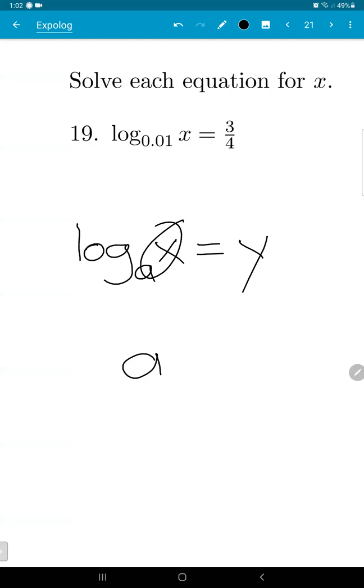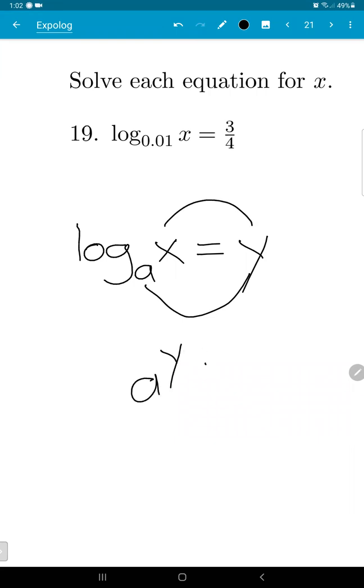So here the input is x, the output is y. So now y becomes the input and x the output, with the same base, exponential in form though. Or you could draw arrows in a counterclockwise fashion and write a to the y equals x, if that's more convenient or easier for you to memorize or recall.